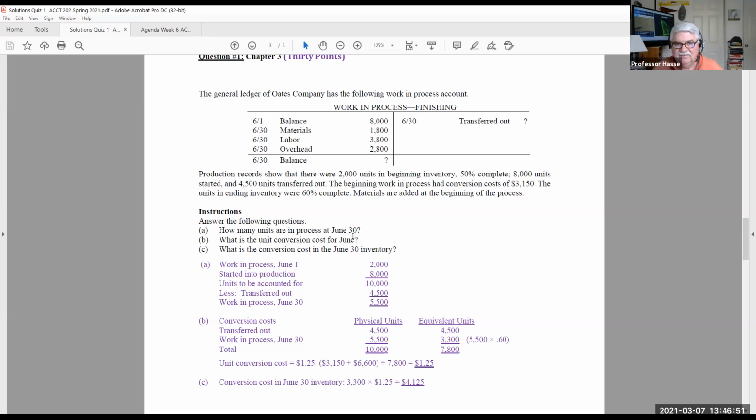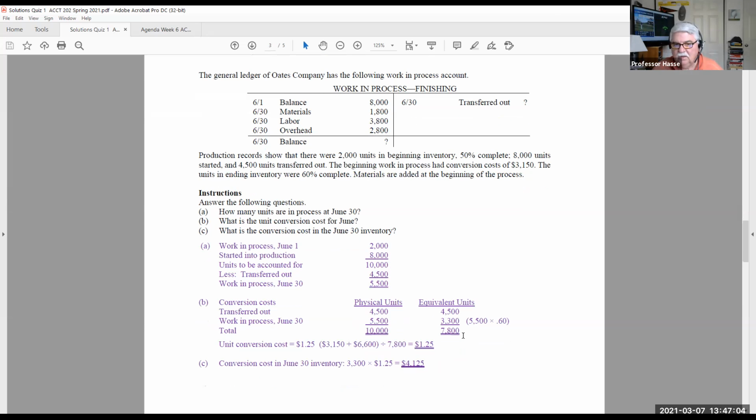If they tell us that 60% were complete of this ending inventory of 5,500 units, that means an equivalent units of 3,300 units in work in process. So our conversion costs will be the combination of labor and overhead right here. We take that into account and we determine our conversion cost per unit of $1.25.